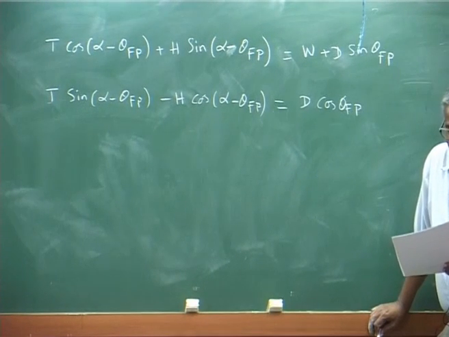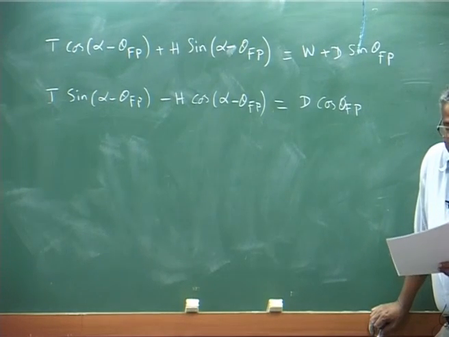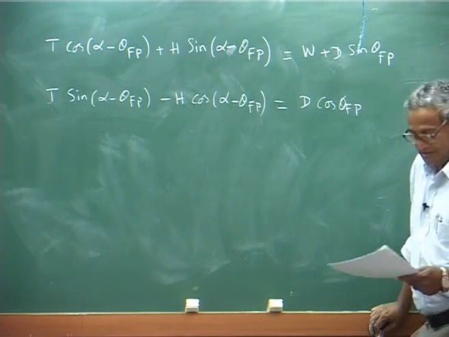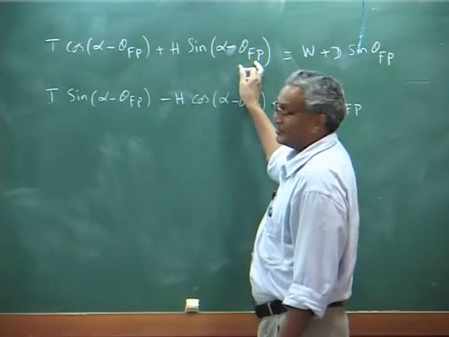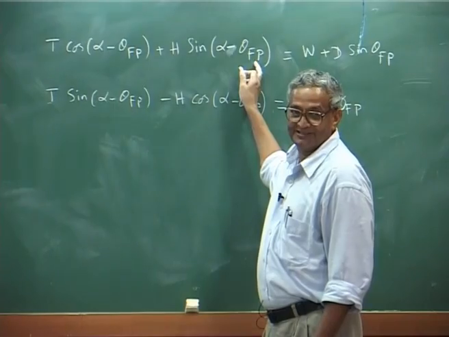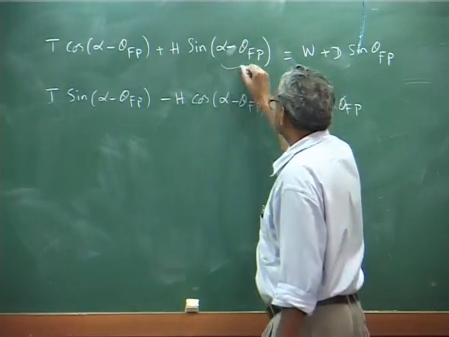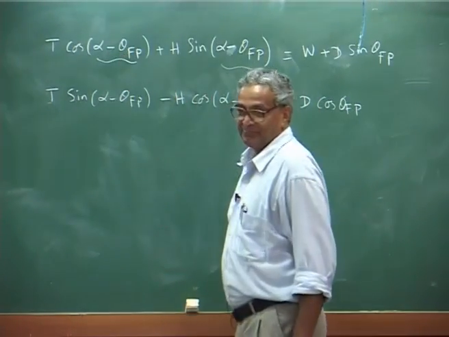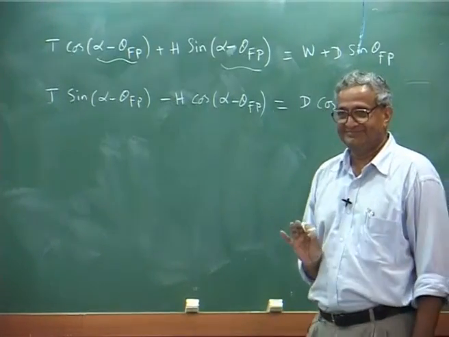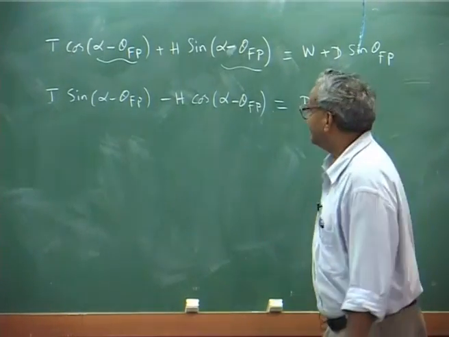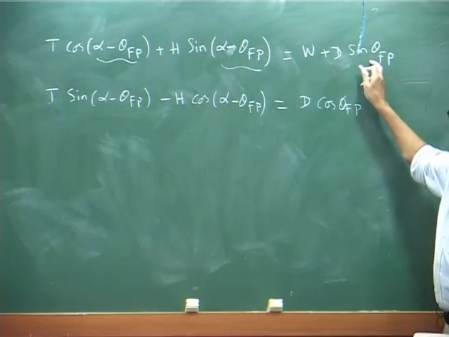All right. Now, I am going to make a lot of assumptions. The assumption is that these angles are small, and the thrust force is large while H is small. When I make that assumption, drag is also small.